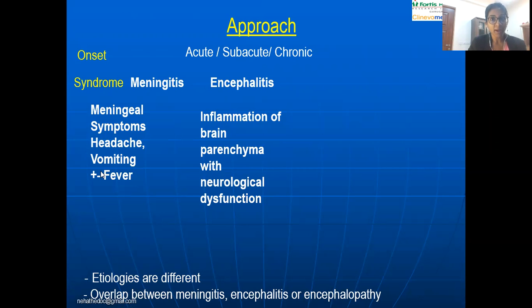Now, in clinical practice, usually what we see is a meningoencephalitis. But it's very important for us clinicians to differentiate whether it is meningitis with meningoencephalitis or it's encephalitis with subsequent progression to involvement of the meninges, because the etiologies for both these are different.